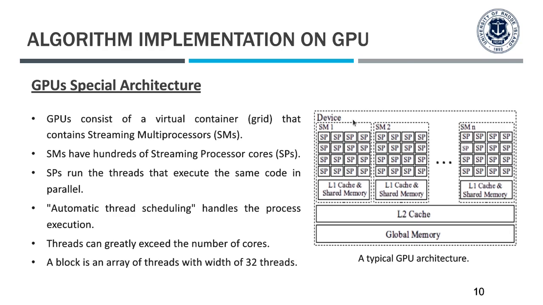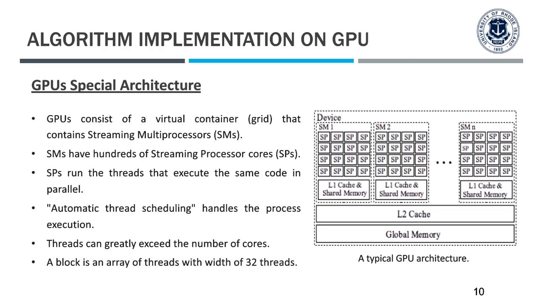The first one is the device grid, which contains multiple blocks, which are also virtual, and these blocks contain physically existing components called streaming multiprocessors. These streaming multiprocessors contain hundreds of streaming processor cores, which are responsible for executing the threads in parallel, using automatic thread scheduling techniques. Threads can greatly exceed the number of cores.